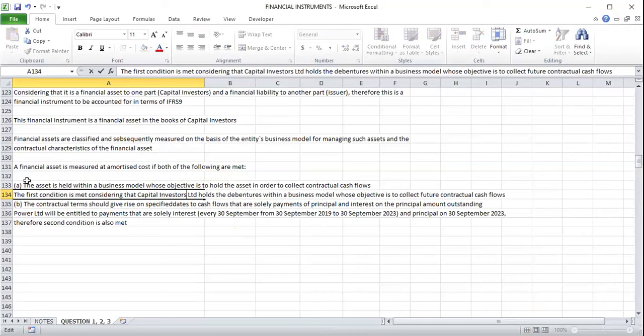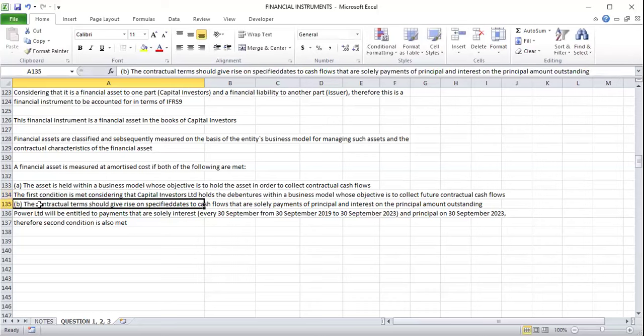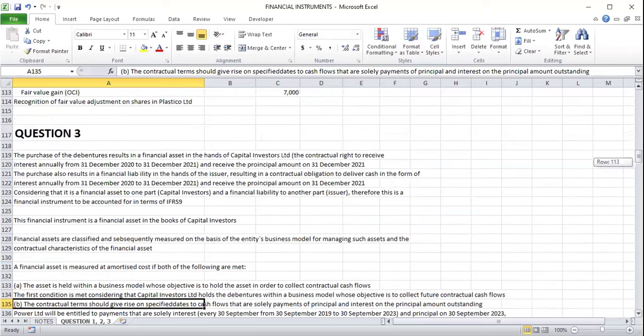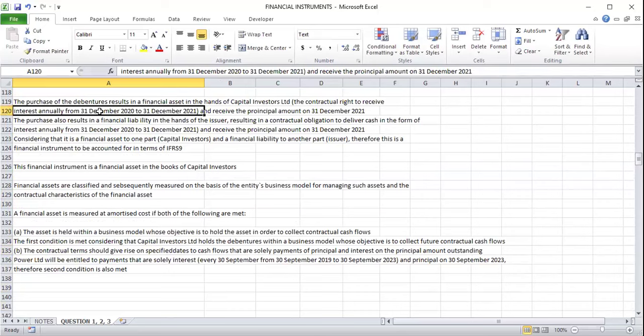Right. Then the contractual terms should give rise on specified dates to cash flows that are solely principal and interest. And I explained here that there will be interest from 31 December.